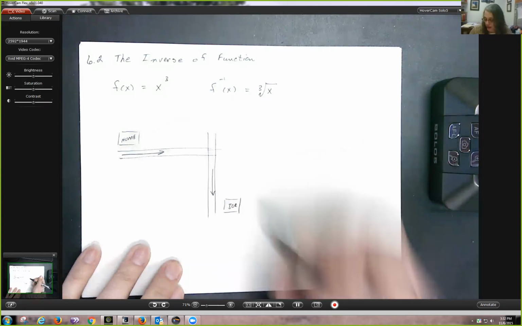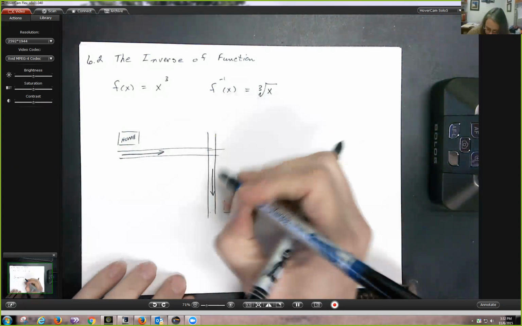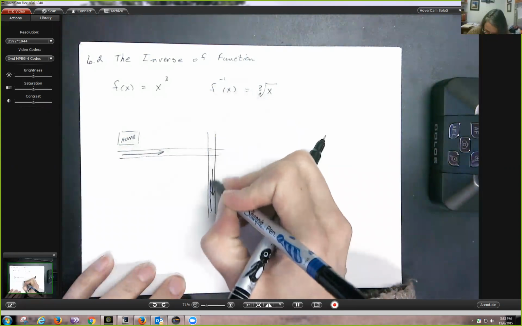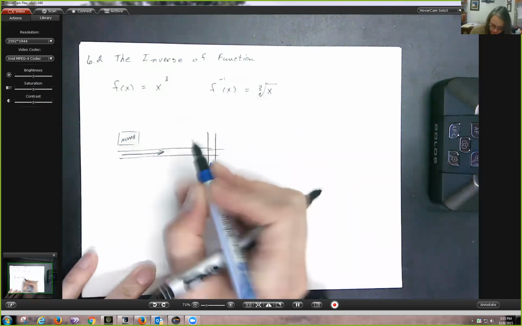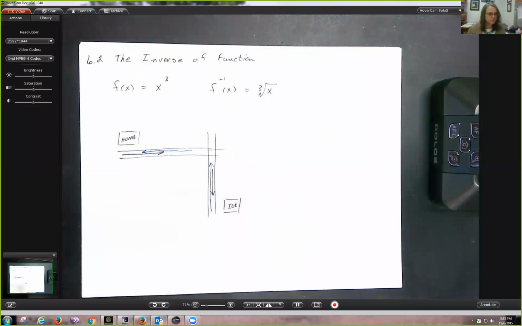That's the forward action. That is the function. Now to get home, you reverse that and you walk a block north and then a block west. Going to Joe's house is like the function. Going home when you reversed your path is like the inverse. So the inverse of a function reverses that function.